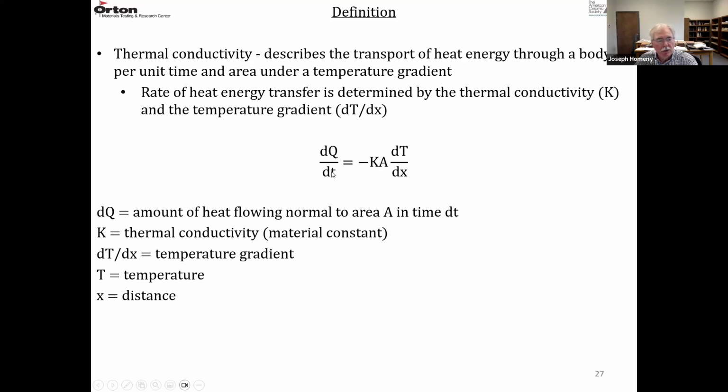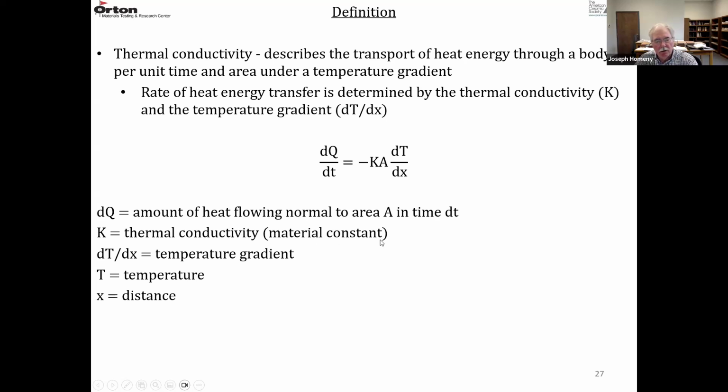So dQ/dt is the amount of heat flowing normal to that area, the unit area A, in a time delta t. So dQ/dt, the heat flow, equals minus K, the thermal conductivity.